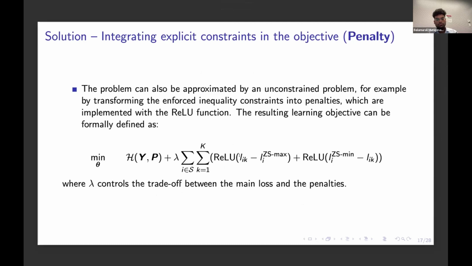Here we are having a ReLU to constrain the logits within the maximum logit of zero shot and the minimum logit of zero shot. We have a parameter called lambda to control it. As in typical regularization systems, lambda could be tuned, and we chose a value of 0.1, and that seemed to work in most cases. If you need to give more importance to the regularizer, you can even increase the lambda accordingly.